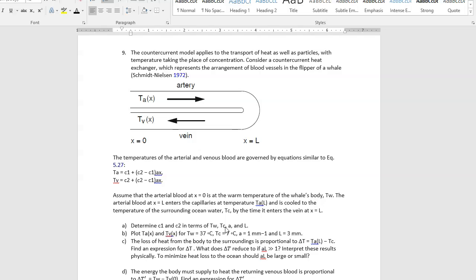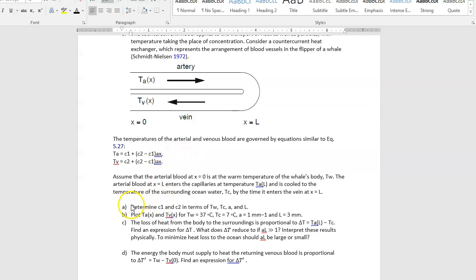TC is the temperature of the ocean, and A is... okay, we'll get there. And then L, the length.